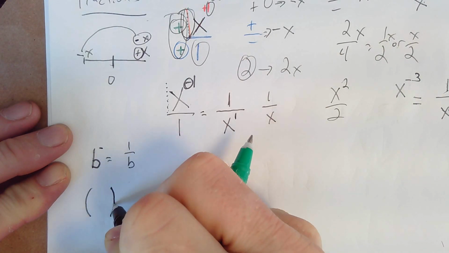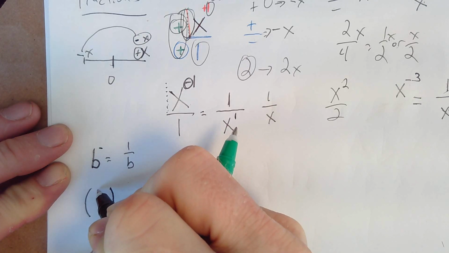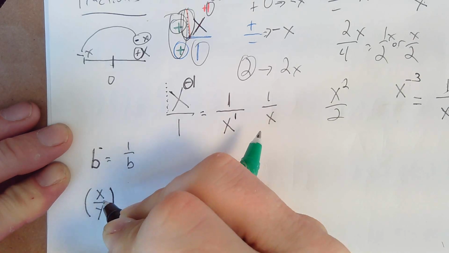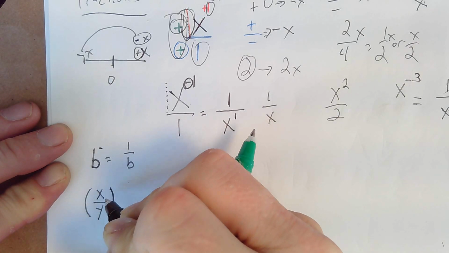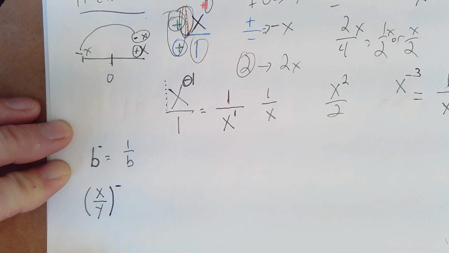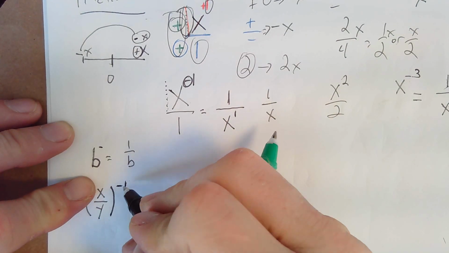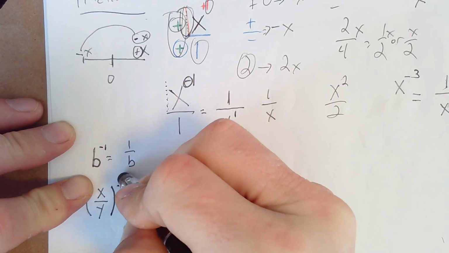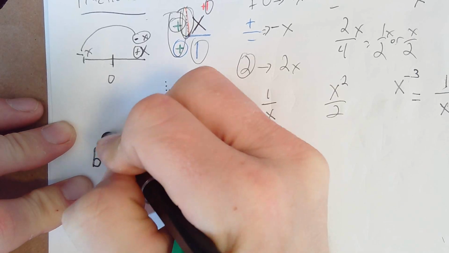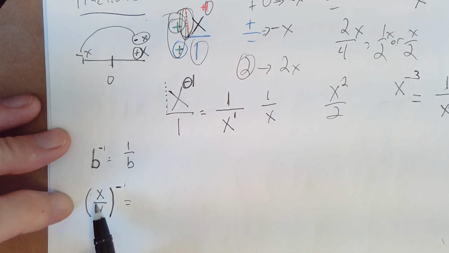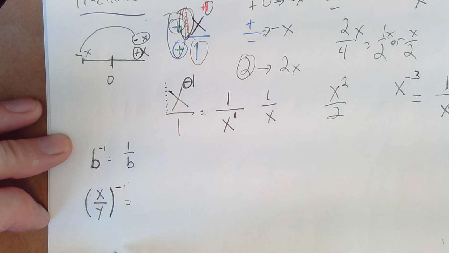This can be expanded to include fractions. Say we have an x and a y, different bases, right? And it's raised to a negative 1. Okay, that's how you write a negative 1, by the way. You don't have to write the 1, you can just say it's a negative sign. Okay, this is just saying, hey, invert this fraction.